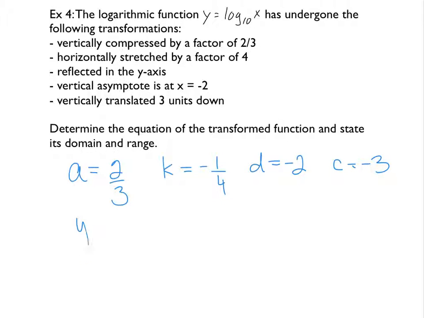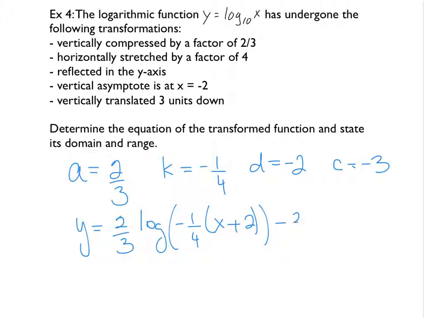Now putting this all together, we have y is equal to 2/3 log of negative 1/4 x plus 2, minus 3, and that's your transformed equation.